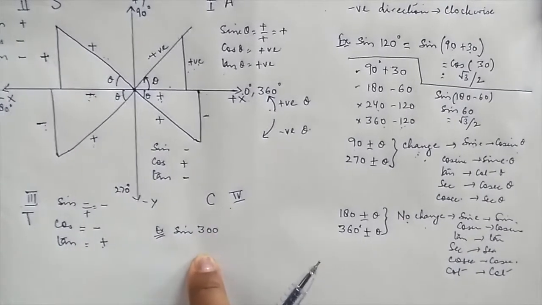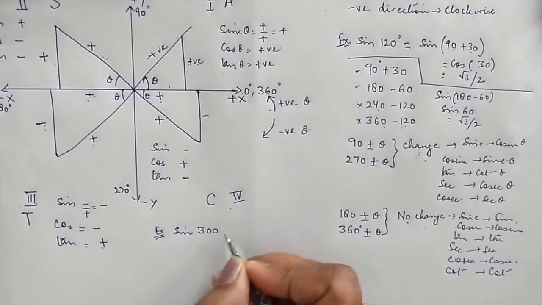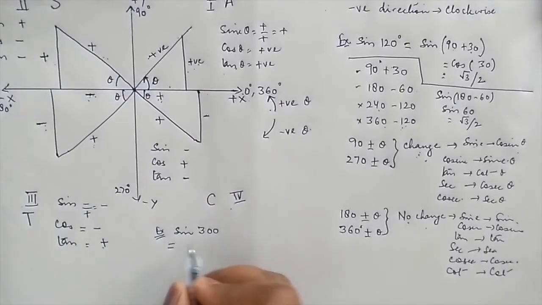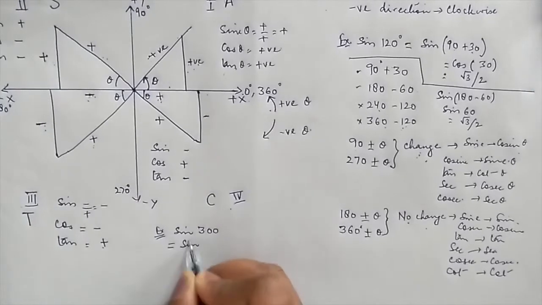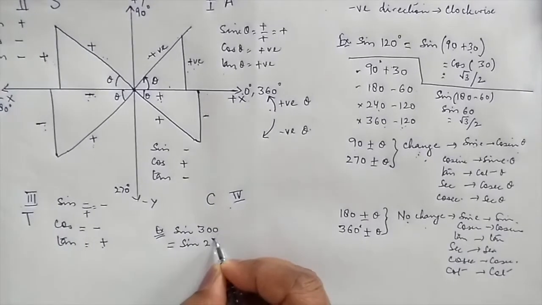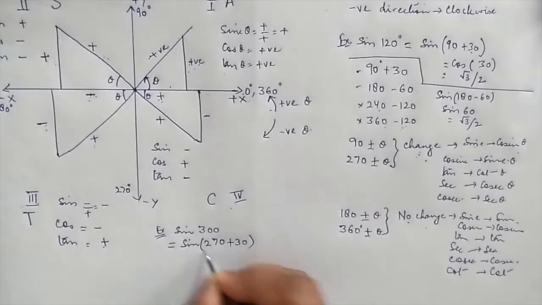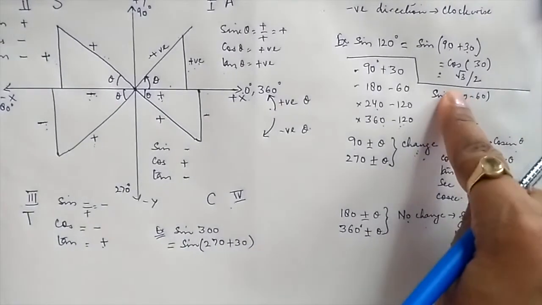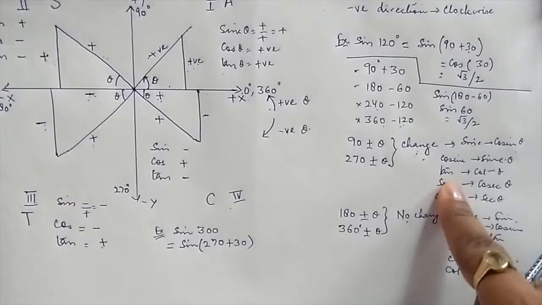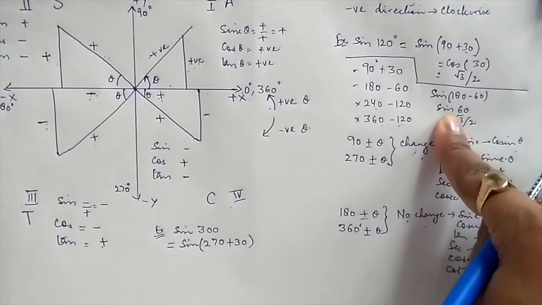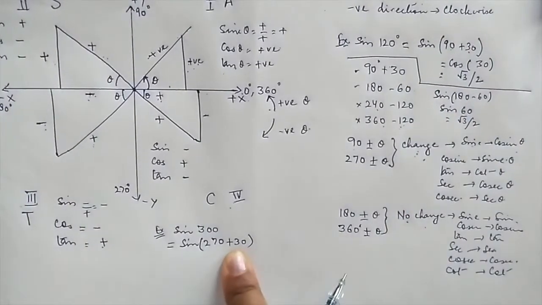So how do I go now? Now let's see, I'm going to use the expression as sine, I'm going to take 270 plus 30. See, I showed you over here with 90. Here again a second time with 180. Now I'm going to talk about 270.